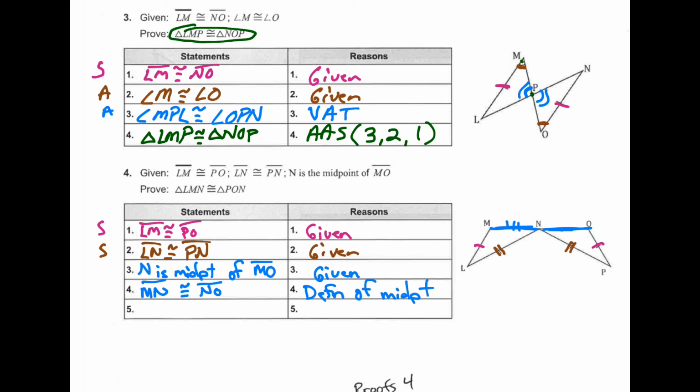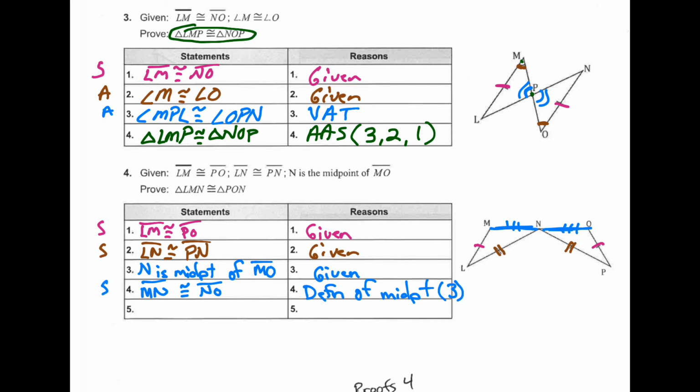So now we do know that these segments are congruent, and therefore we can prove that the triangle is congruent. So first of all, actually, when I use definition of midpoint, I have to know that we have a midpoint. So for me, I'm going to put step 3 there, and that tells me that, oh, I said there was a midpoint in step 3, so now I can use definition of midpoint.